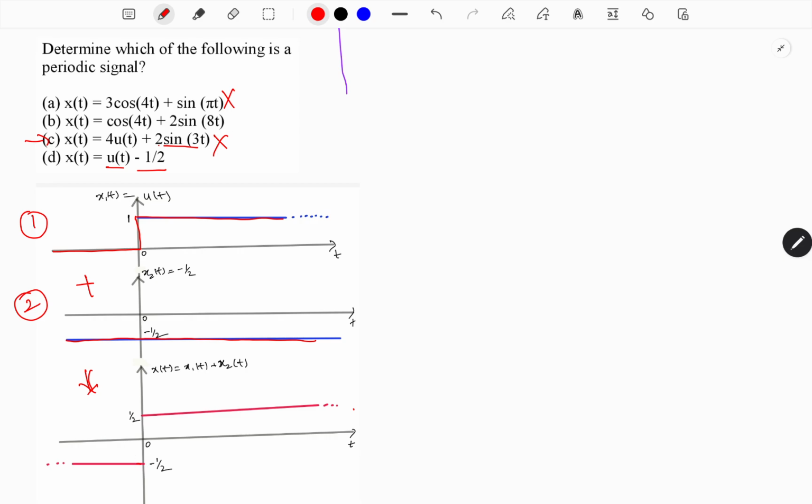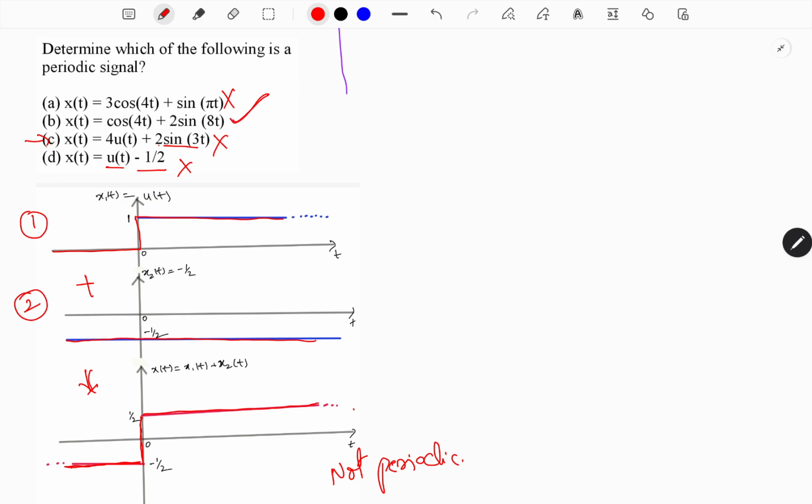For t less than 0, it is minus 1 by 2. For t greater than 0, it is plus 1 by 2. It is not a periodic signal because at t equal to 0 a jump occurs, meaning different values at different times. So the resultant signal is not periodic. Option D is also not periodic.